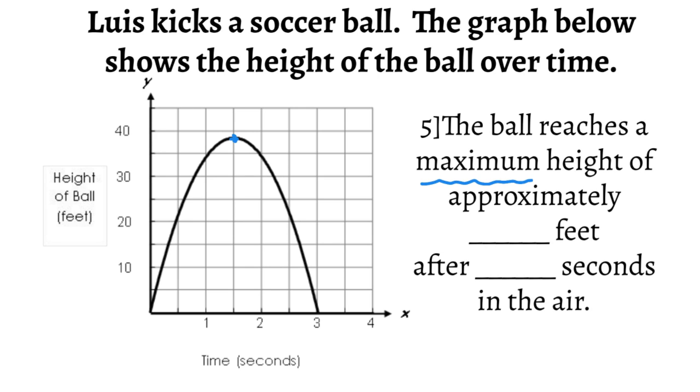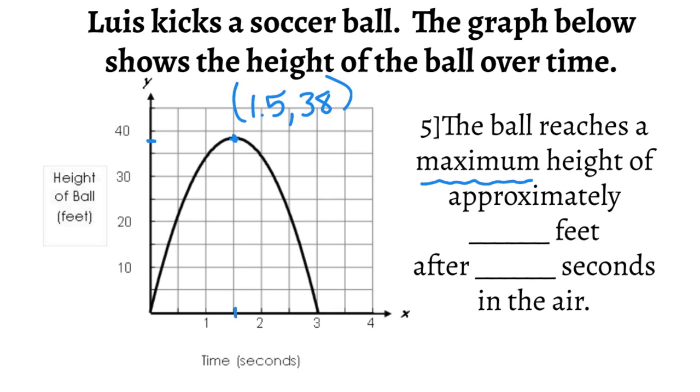So what is the maximum height of the ball? What we're really looking at here is this point right here. If we look at the point, it's going to be at 1.5, comma, about 38 is what I would say is where it's at.